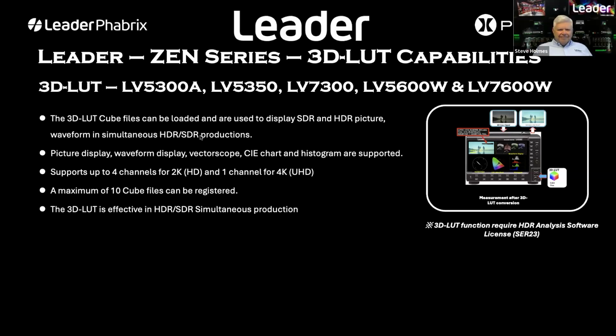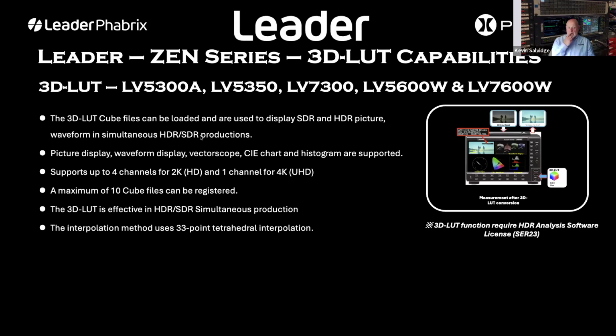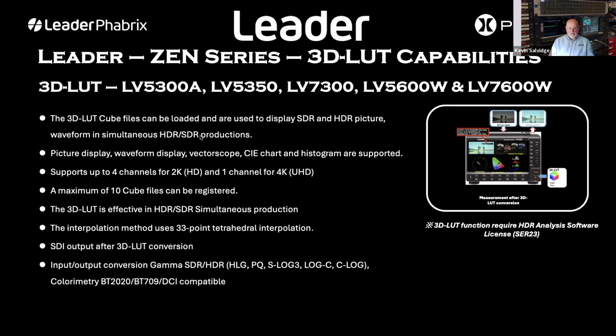As we said, this is going to simplify simultaneous HDR and SDR production. For those who remember right at the beginning, as Steve said, it's a 33-point tetrahedral interpolation. It offers an SDI output with a 3D LUT conversion and input-output conversion with gamma. So SDR, HDR, all of the normal transfer characteristics, color imagery, so BT 2020, 709, and DCI compatible.